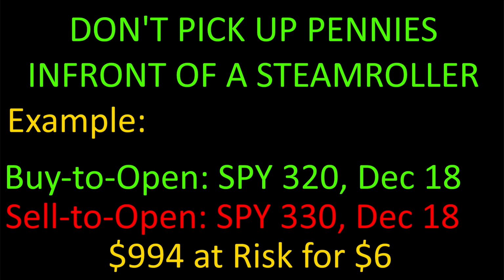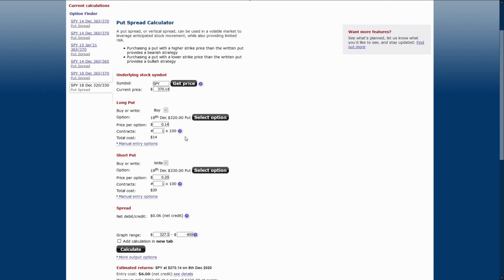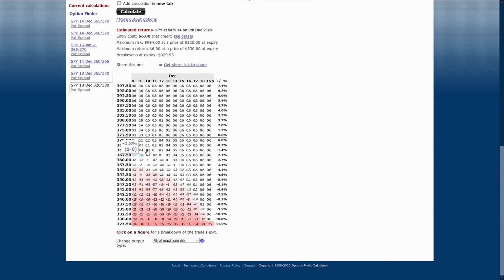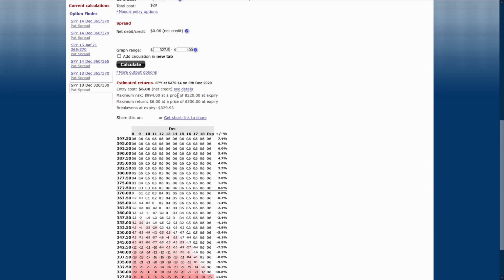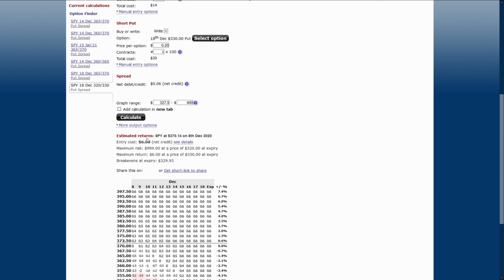And it's going to be less than $6 because of fees whenever you're dealing with contracts, buying and selling. This SPY 320, 330, it's just ridiculous. You are putting so much capital at risk for a small amount of money. You have to understand, maybe you're selling these weekly and you're getting around $6 each week or whatever.